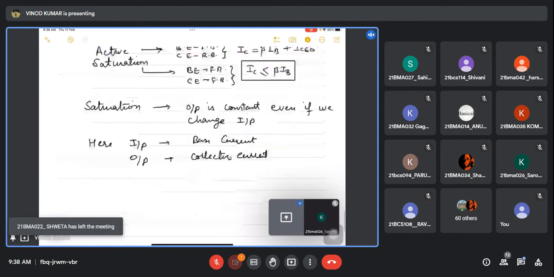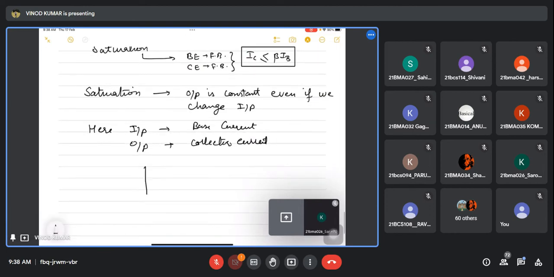Okay, that means if we are varying the IB, and this is the IC, so this must be the active region and this must be the saturation.